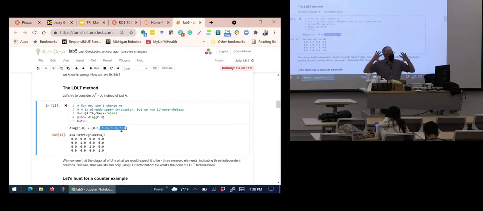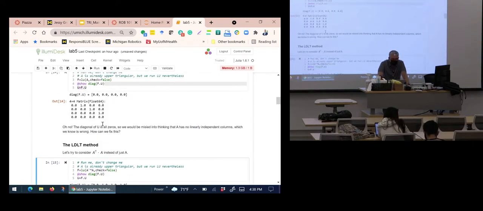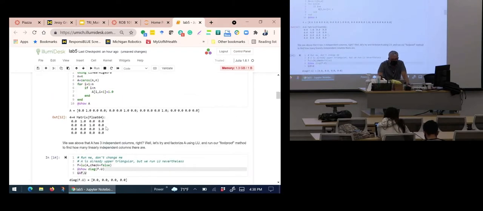If you just look at the number of non-zero entries on the diagonal of U, wow, that's the same as the number of linearly independent columns of our matrix A.